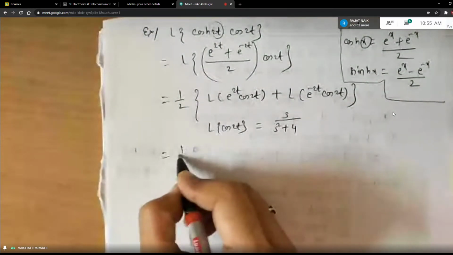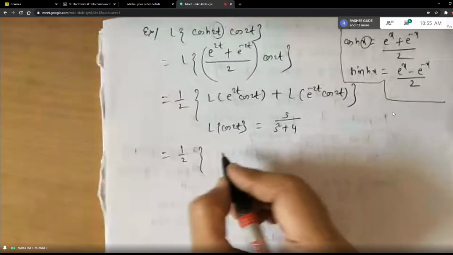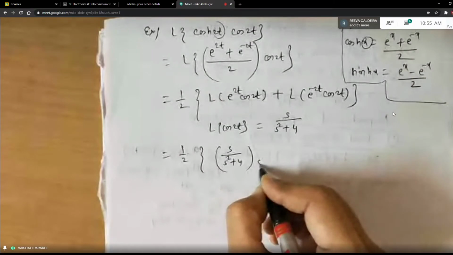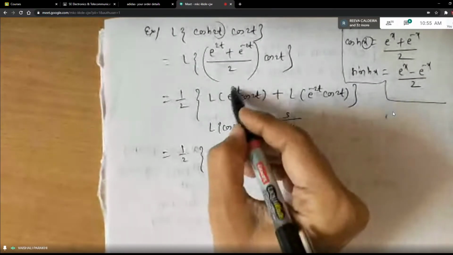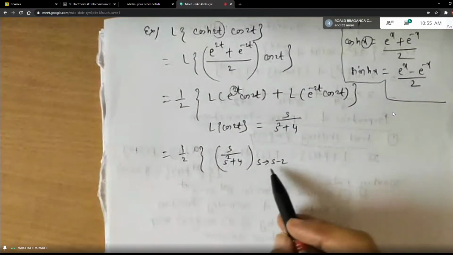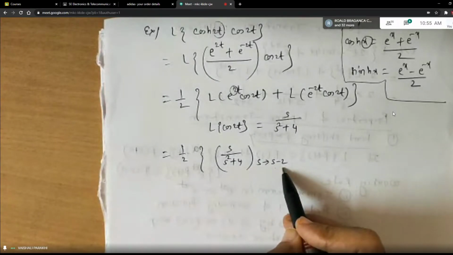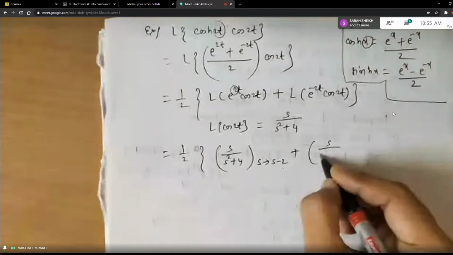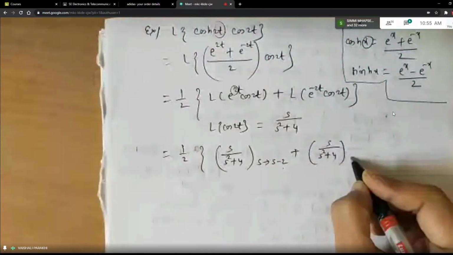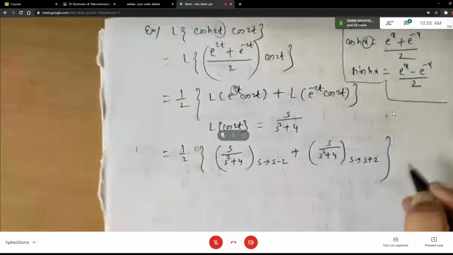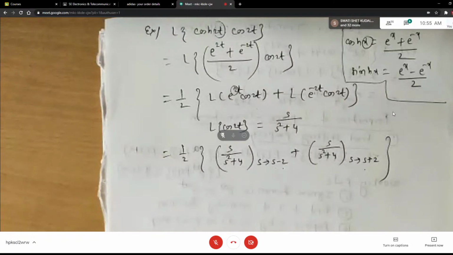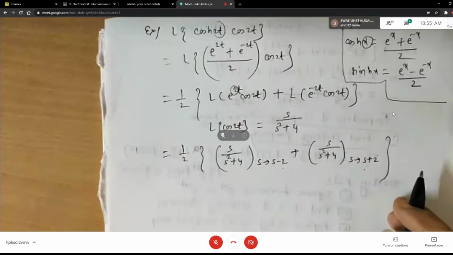So in the first term, it will be s upon s square plus 4. Replace s by what? S minus 2, because now what is a here in the first term? 2. So you have to replace s by s minus 2. Then here also Laplace of cos 2t is required, which is s upon s square plus 4. And here s should be replaced by what, students? S plus 2. Because in the second term, the power of e is negative. So you need to take a positive sign in between, that is s plus 2.